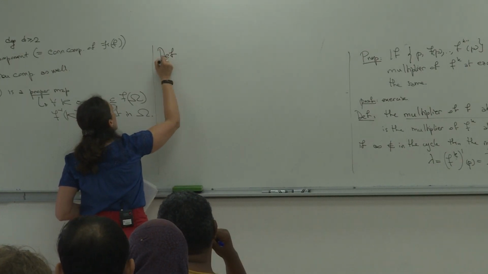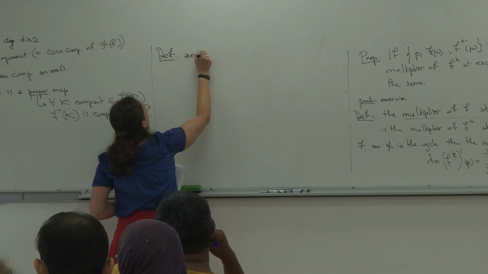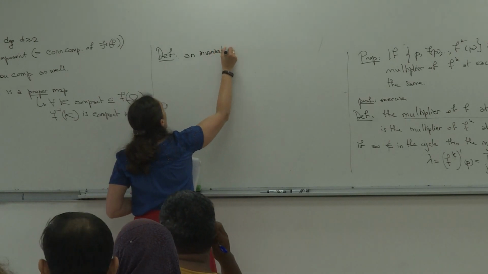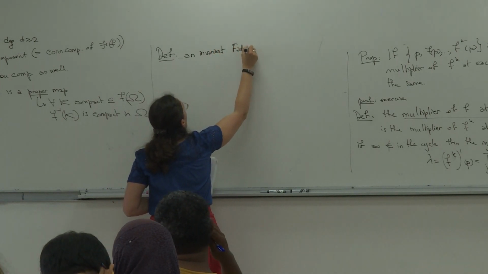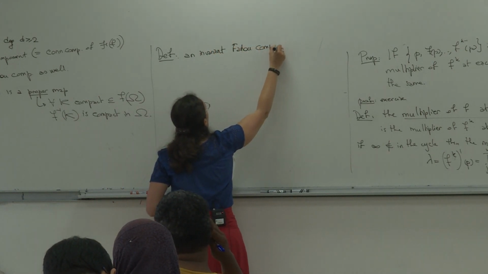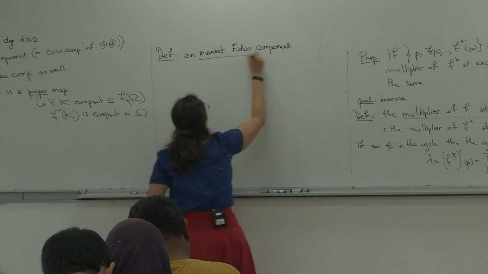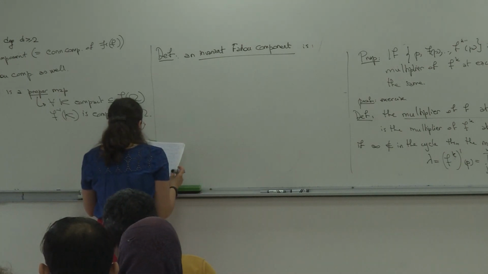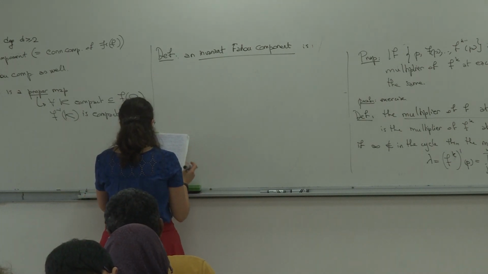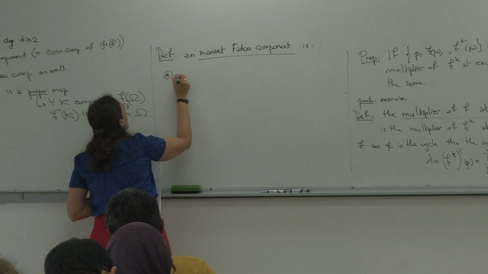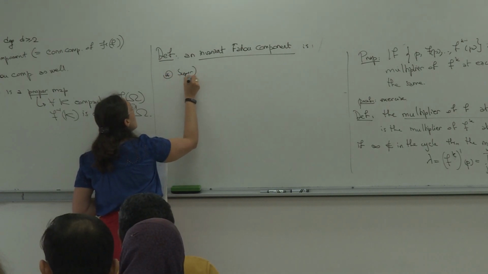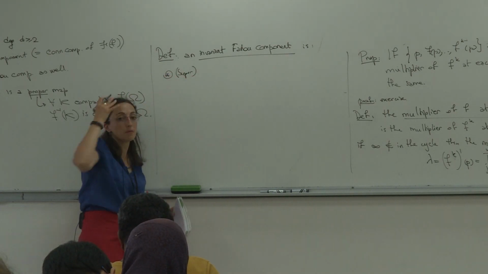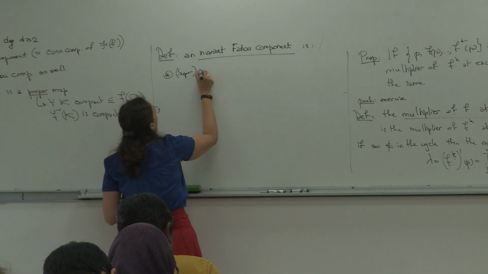So, definition: an invariant Fatou component omega is, first, super... actually usually we forget about the super, so attracting.